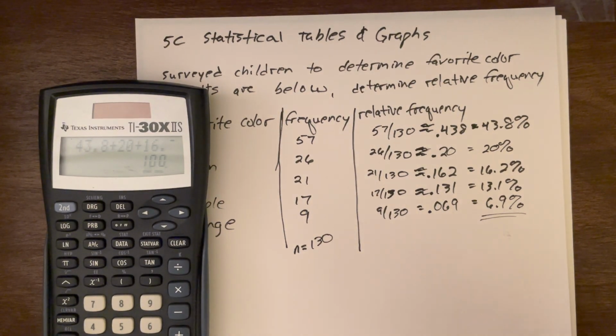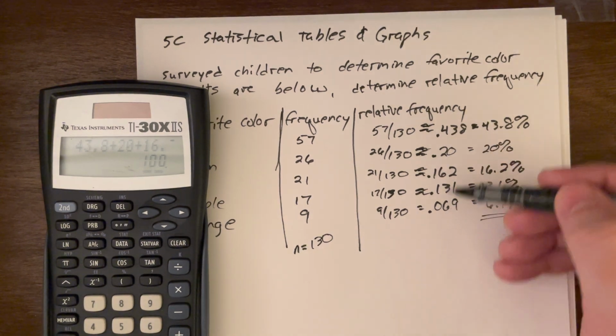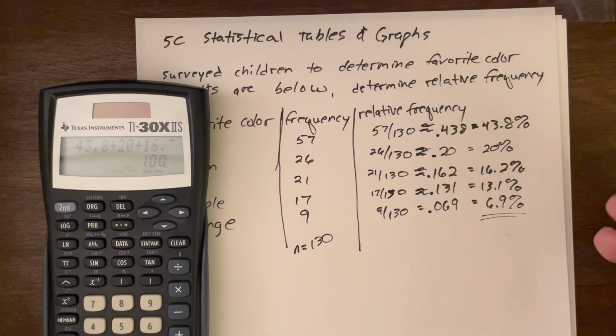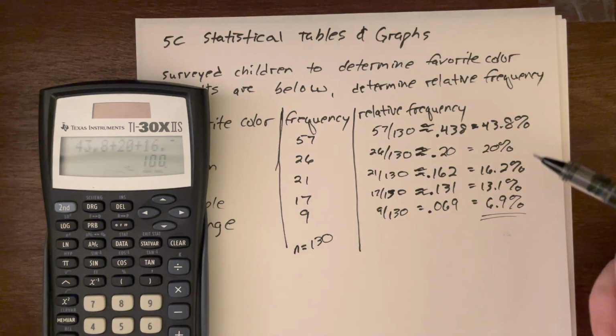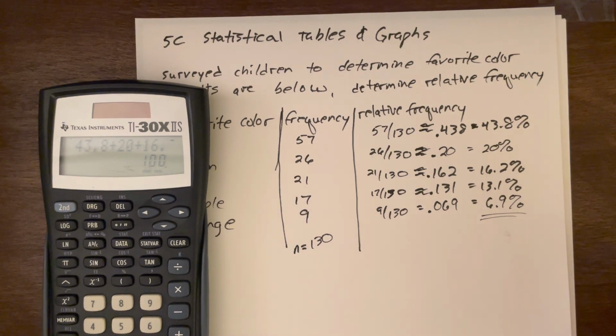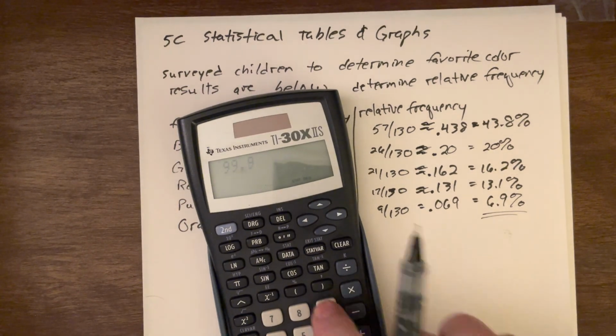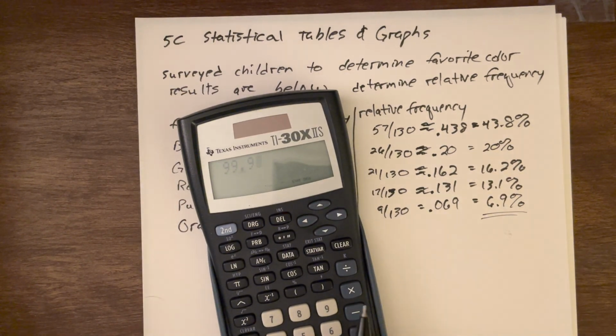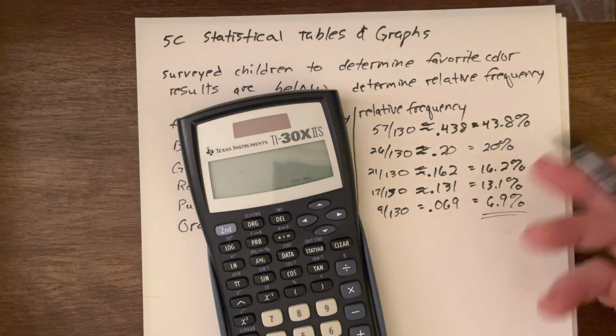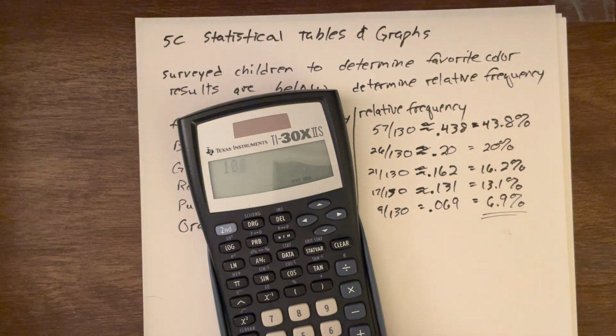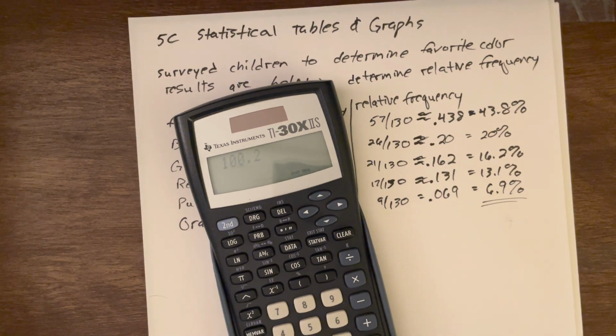The reason that happened to work out was that we had 4 rounded answers, and it just kind of coincidentally worked out that 2 of them rounded down and 2 of them rounded up. But there would be situations where it's just not perfect, that maybe 3 of them rounded down and 1 of them rounded up, and we'd get something like 99.9. Or maybe 3 of them rounded up and 1 of them rounded down, and we get something like 100.2.